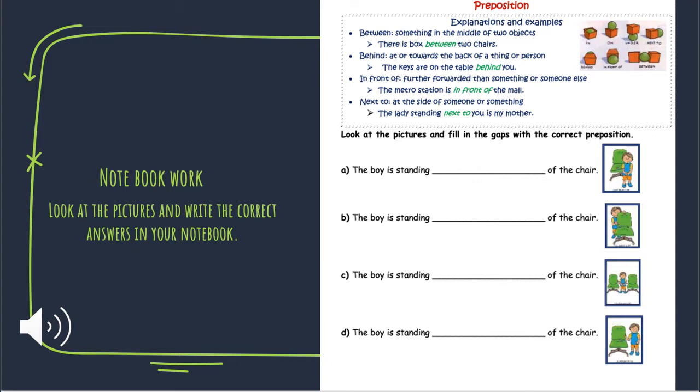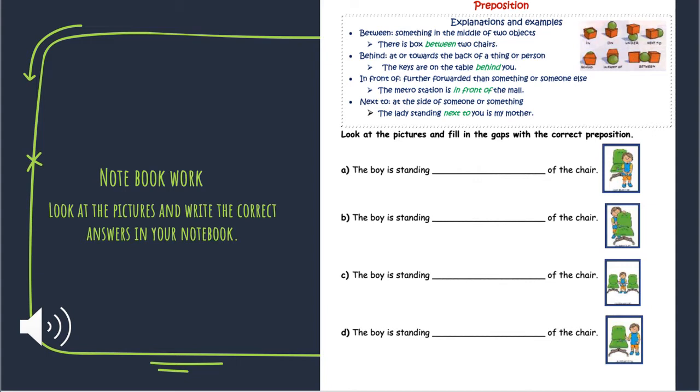Yes. Students, now I'm telling you how you have to write it. In your English notebook, you can either copy the full sentence or you can only mention the correct answer. Okay? I'm reading the sentence for you. The boy is standing dash of the chair.